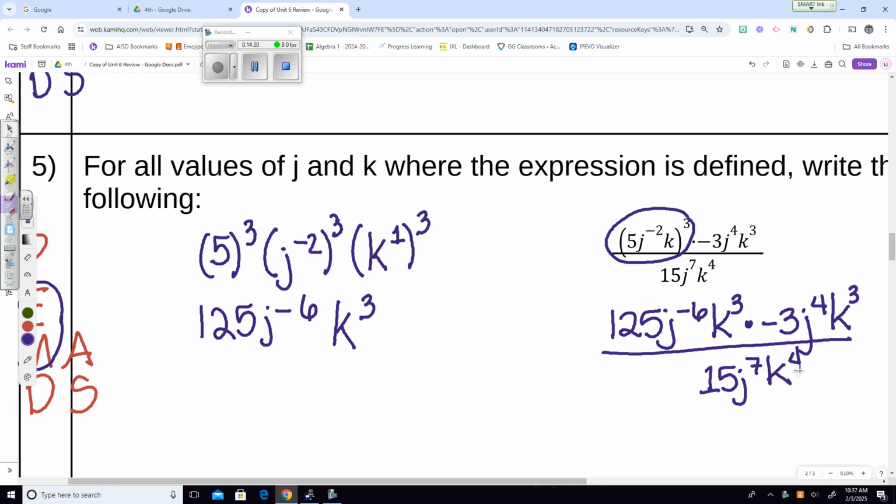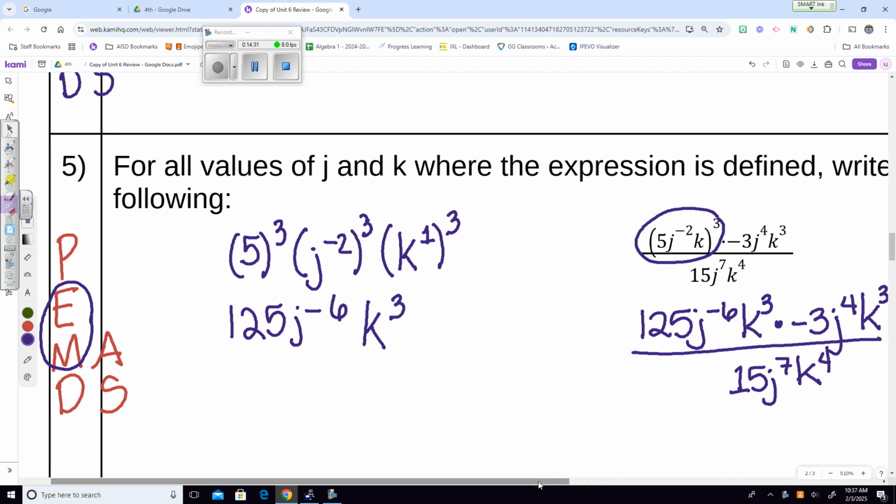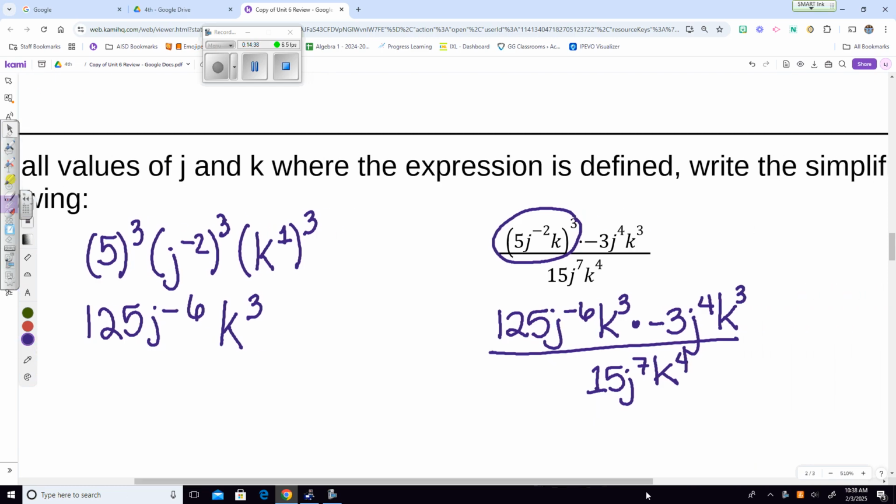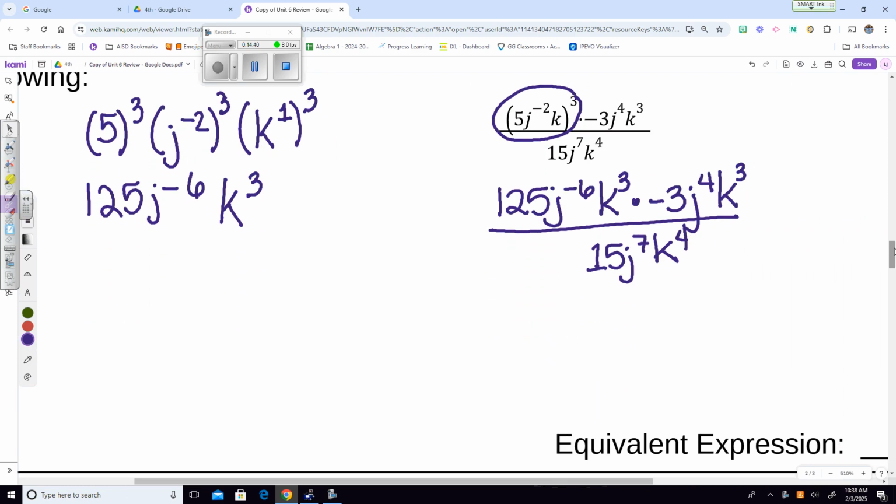All right. Now, do we have multiplication? Yes. Okay, we have multiplication at the top of the fraction. What do you do with the exponents? Add. Okay, good. So the coefficients you multiply. So what's 125 times negative 3?